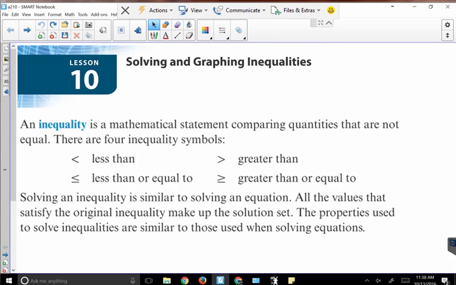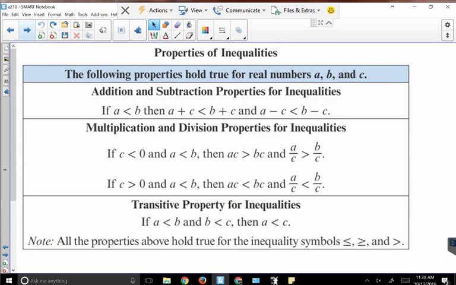Now, properties of inequalities. Again, this is nothing new. We've seen this before, and it works exactly the same way. The only catch, and it is the only catch, whenever you multiply or divide by a negative number, what do you got to do?